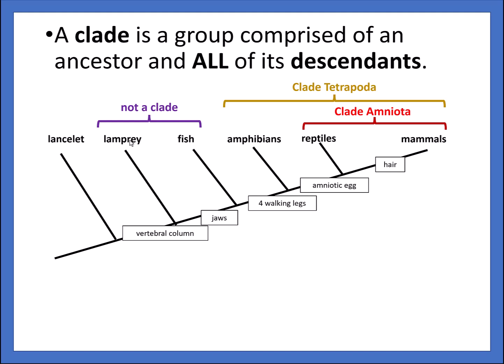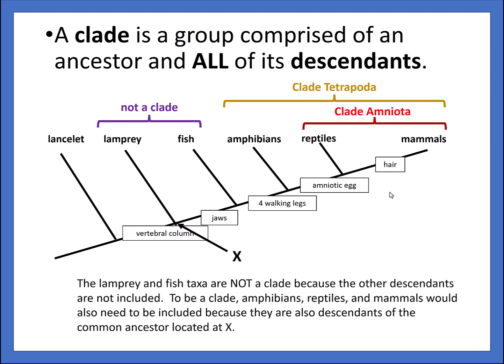These 2 groupings down here would not be a clade because they do not include all of those descendants that come after the lamprey. So the lamprey and fish taxa are not a clade because all the other descendants are not included. To be a clade, amphibians, reptiles, and mammals would also need to be included because they are also descendants of the common ancestor located here.